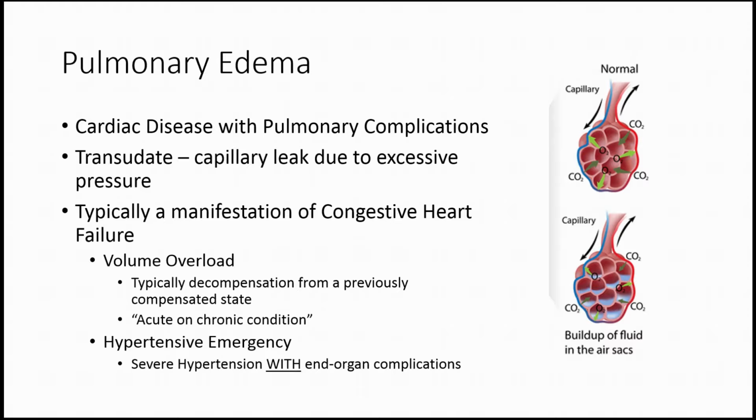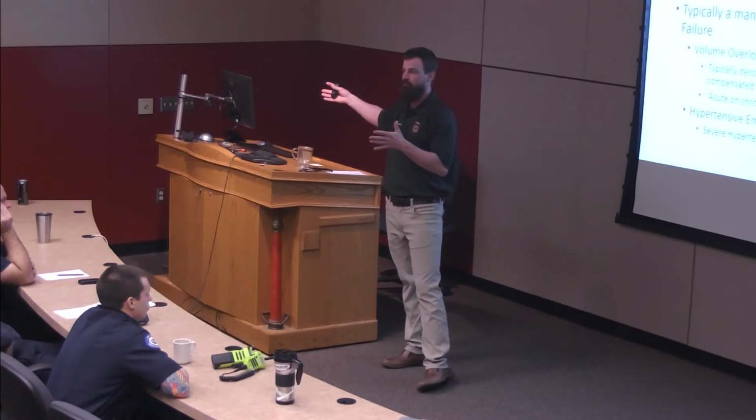So we talked about the picture of a dam, right? I dam something up, I get a reservoir behind it, and I'm going to back up fluid everywhere behind that dam, right?